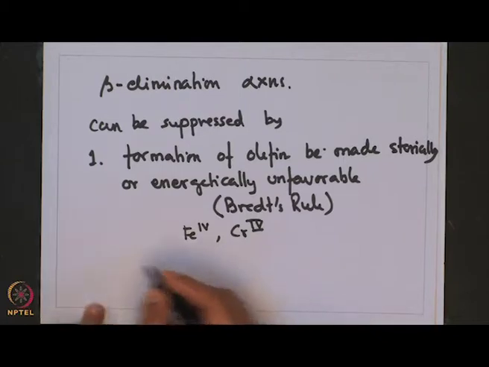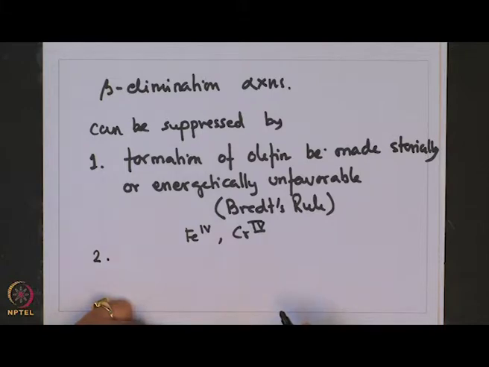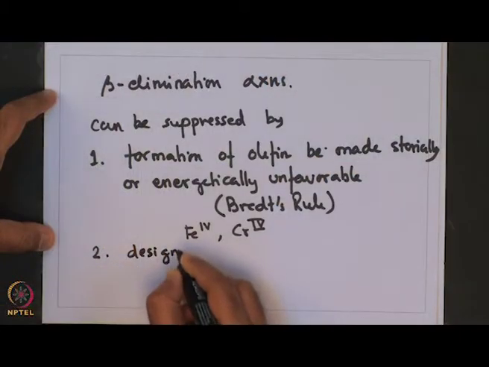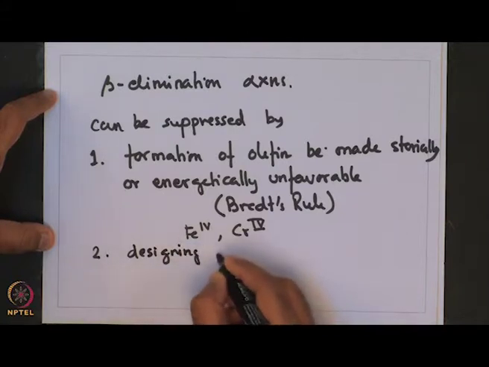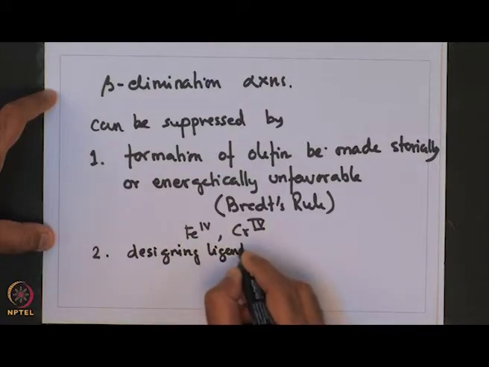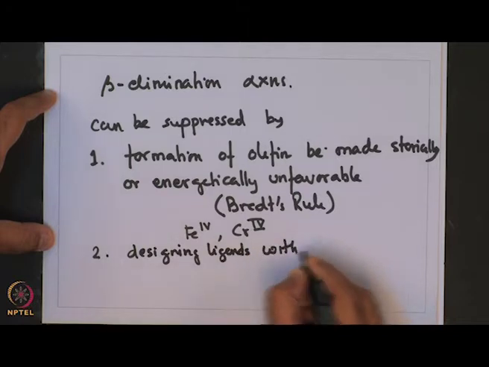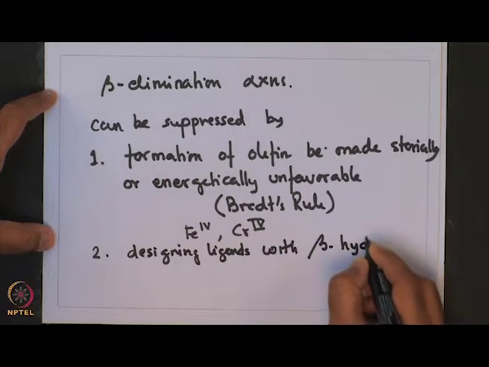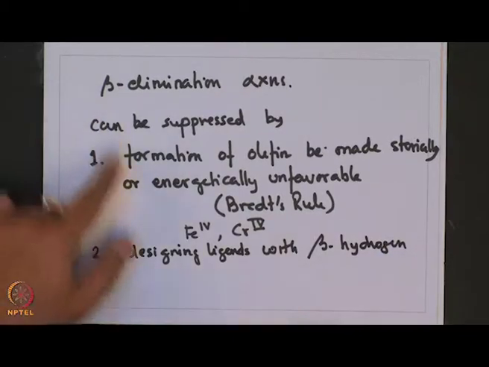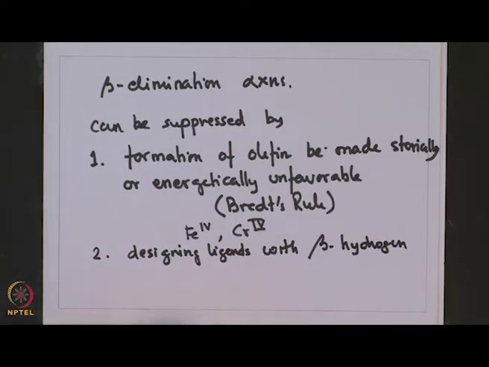In the previous lecture, we also discussed a string of ligands which do not have beta hydrogen at the beta position and do not undergo beta elimination reaction. So, designing ligands without beta hydrogen would also suppress beta elimination reaction.